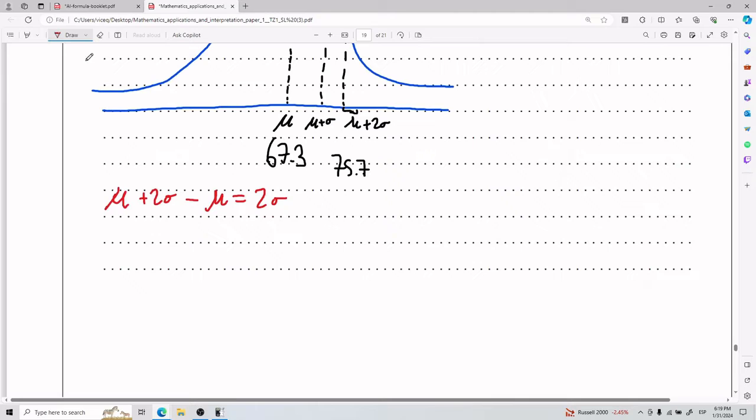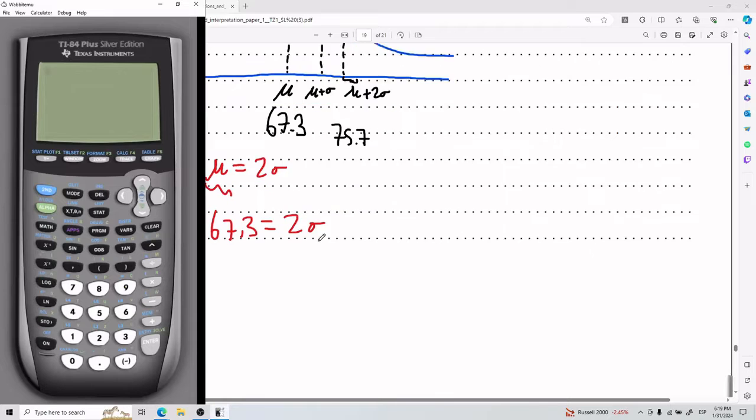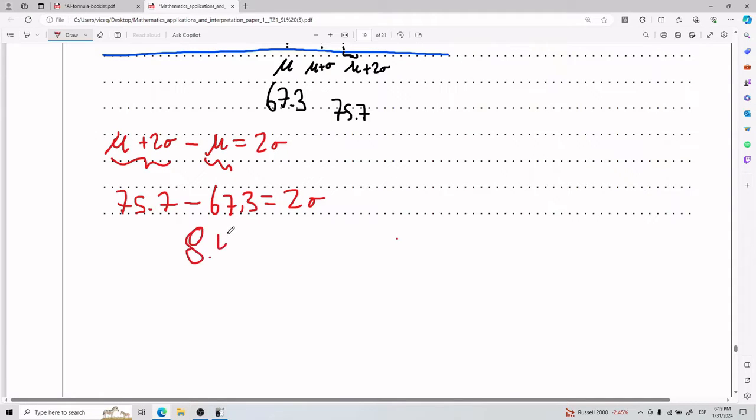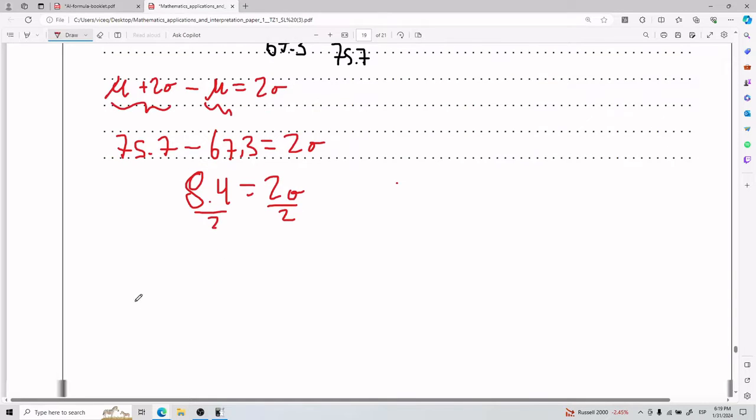So, in other words, 75.7 minus 67.3 is going to give you 2 standard deviations. Okay, cool. So 75.7 minus 67.3 gives you 8.4. 8.4 equals 2 standard deviations. Divide by 2 to get standard deviation alone. Standard deviation is equal to 4.2.